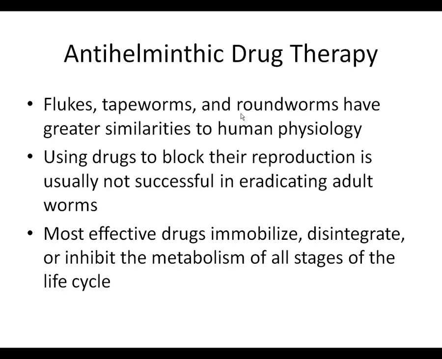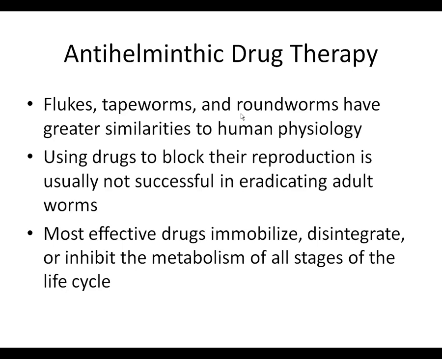It's not very successful, though, in eradicating the adult worms. It's not a good process. You're actually going to try and immobilize or inhibit the metabolism stages within the stages of the life cycle. The thing about helminths is they have different life cycles in different bodies, even in different organs within the body.